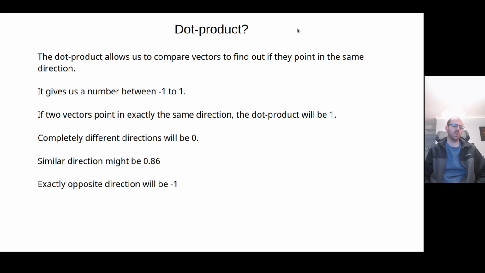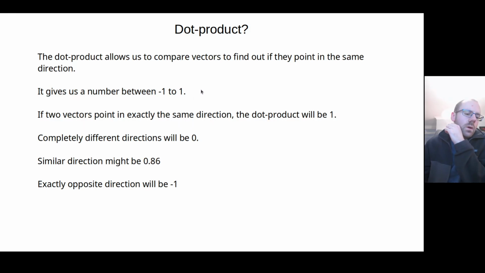So what's the dot product? The dot product is the maths that allows you to compare two vectors, basically. So we can compare two vectors to find out if they point in the same direction. And it gives us a number between -1 and 1.